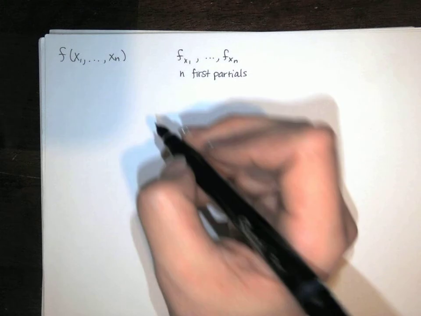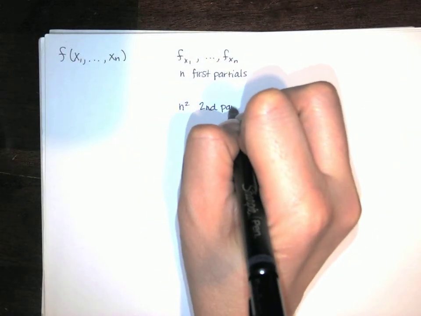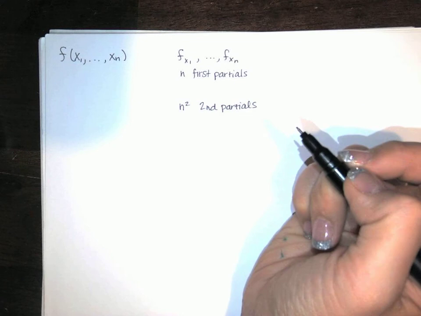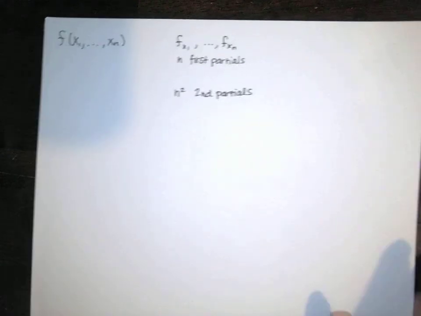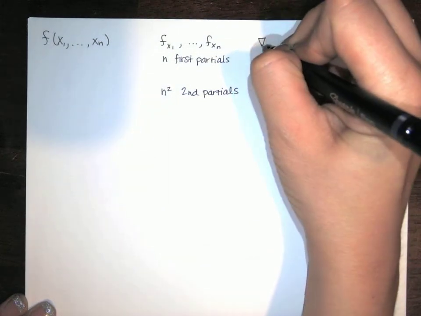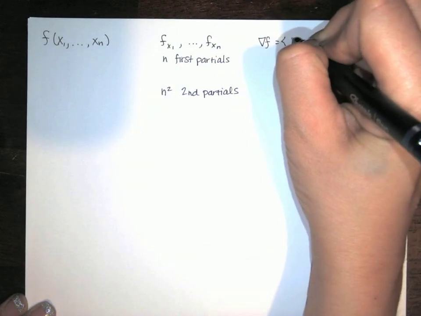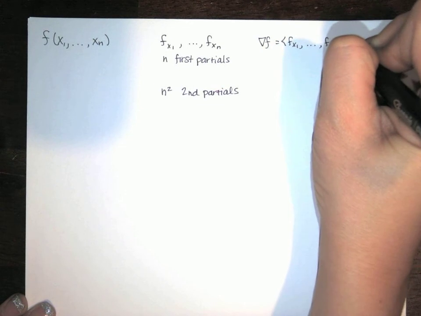So you have n squared second partials. Now, our multidimensional analog of the derivative is called the gradient. It's the vector of first partial derivatives.